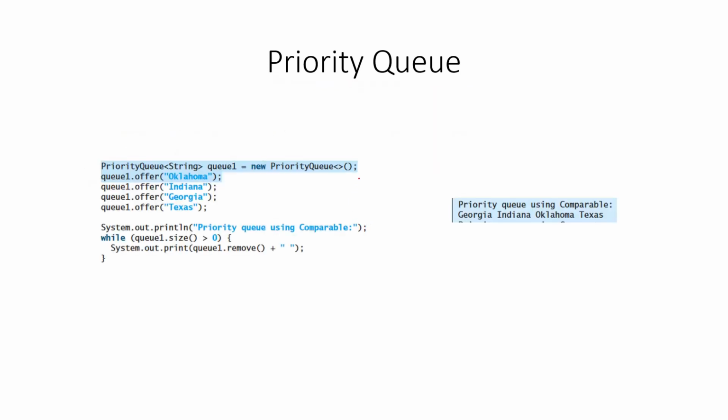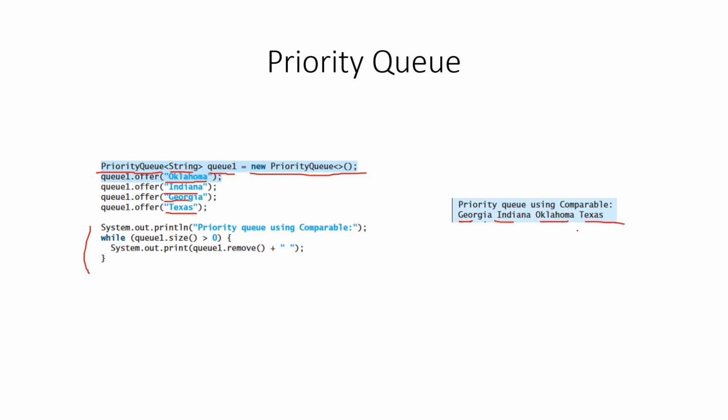For example, in order to declare the priority queue, we write PriorityQueue, then String, the name of the priority queue, and then new PriorityQueue. Then we added the same strings: Oklahoma, Indiana, Georgia, Texas. When we print the elements in the priority queue, it first prints Georgia, Indiana, Oklahoma, Texas.